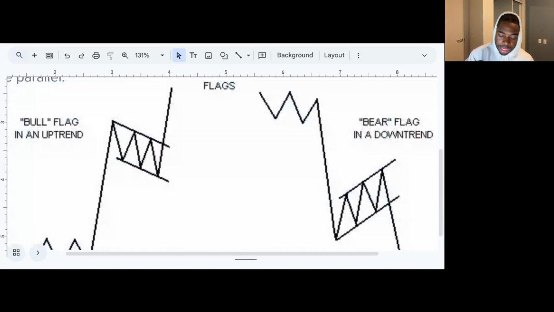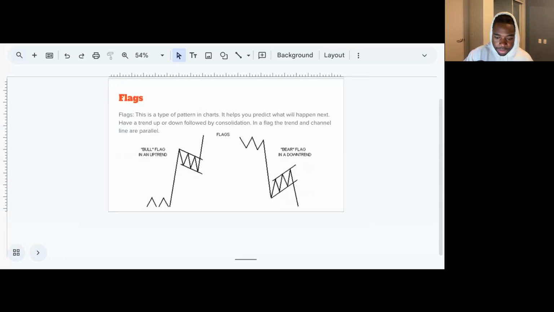All right, and then we have our flag patterns. I don't really like these flag patterns because they don't really make sense. But anyways, flag patterns are basically when you have a move to the upside. This is a bull flag. You have a move to the upside, and then we consolidate for a little bit, and then continue in the direction of the original trend.